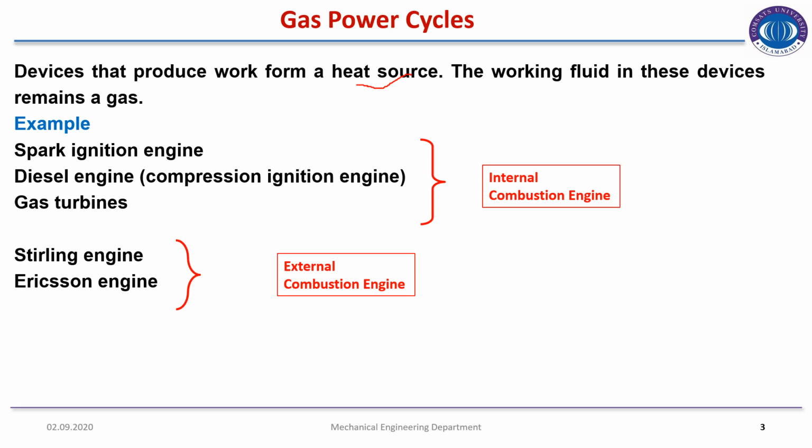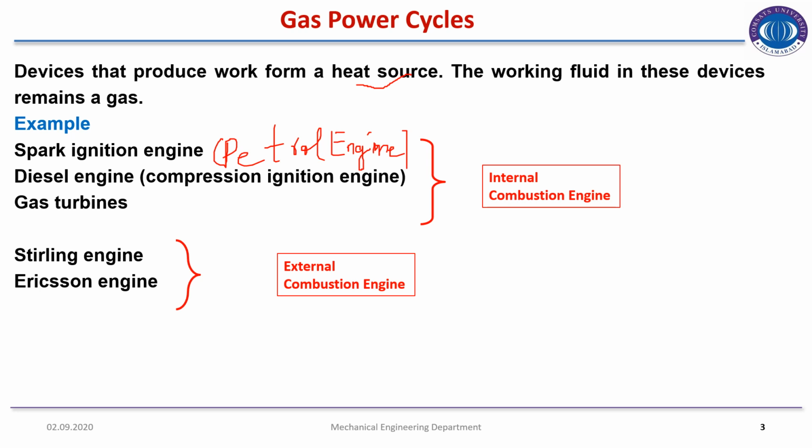So you may write here: petrol engines are considered spark ignition engines, whereas diesel engines are also known as compression ignition engines.